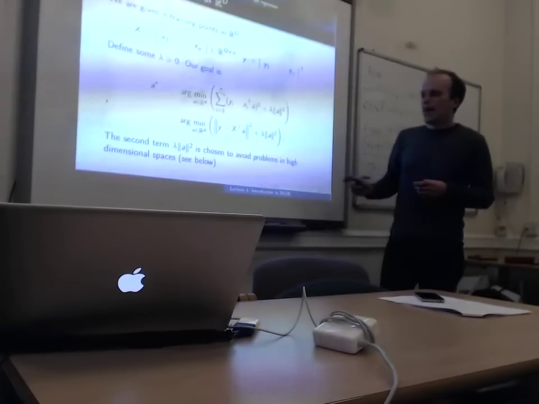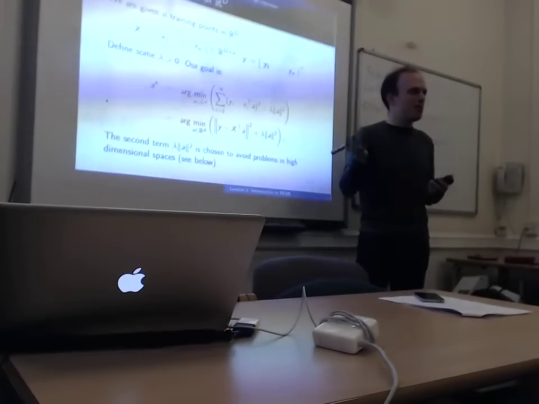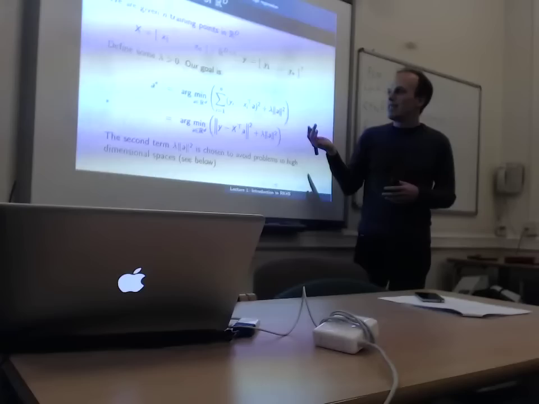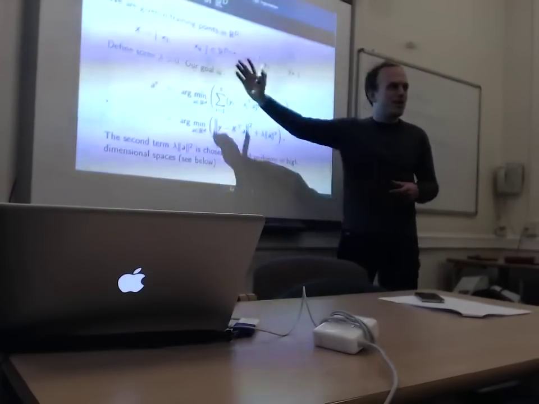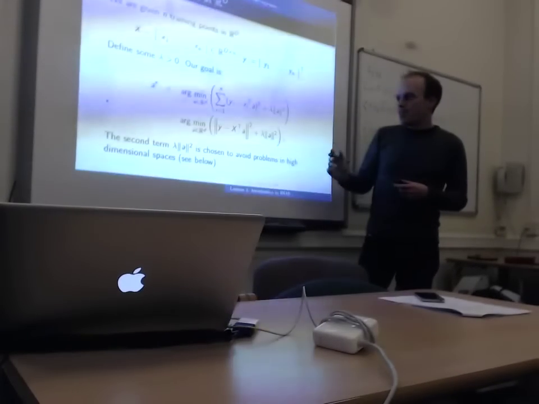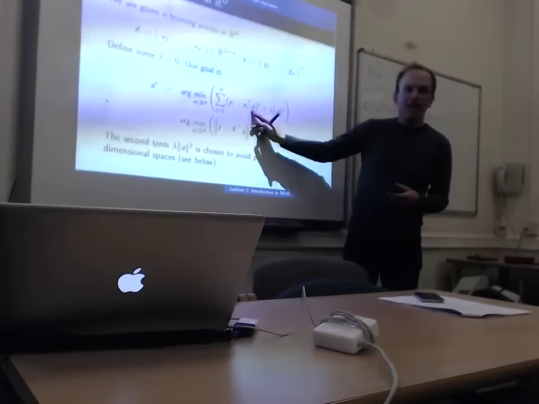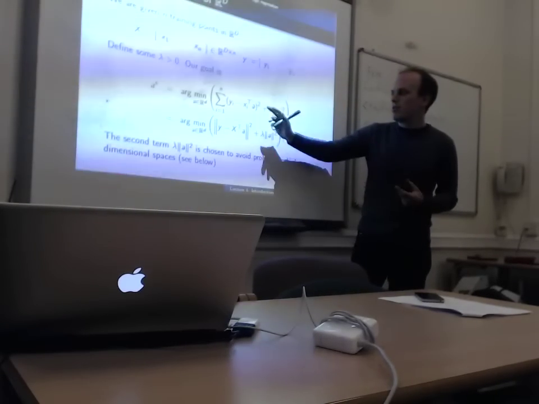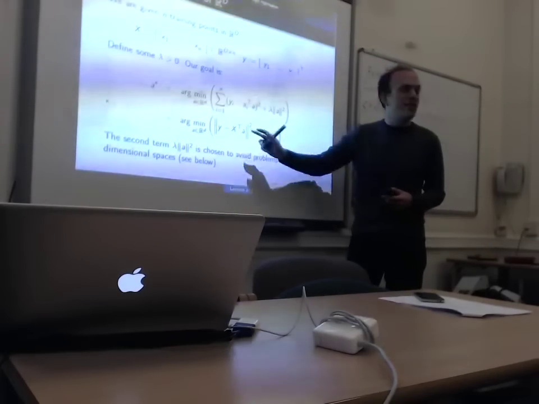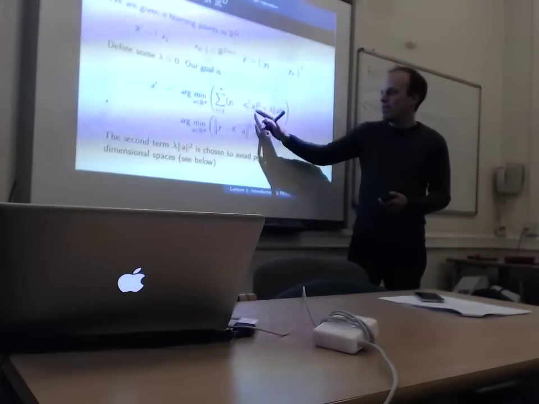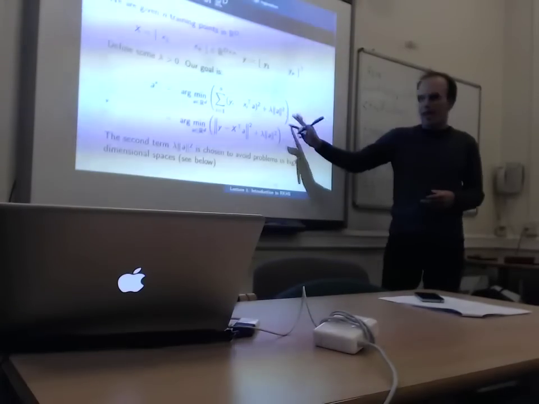In training, you're given a bunch of example images and a bunch of example numbers. You're now trying to find some function to predict the number corresponding to a new image. One way to do this is to find the projection of these images, x transpose times the vector A, which minimizes the average squared error. This is what it should be predicting, this is what it's predicting, and you also add here a ridge term.